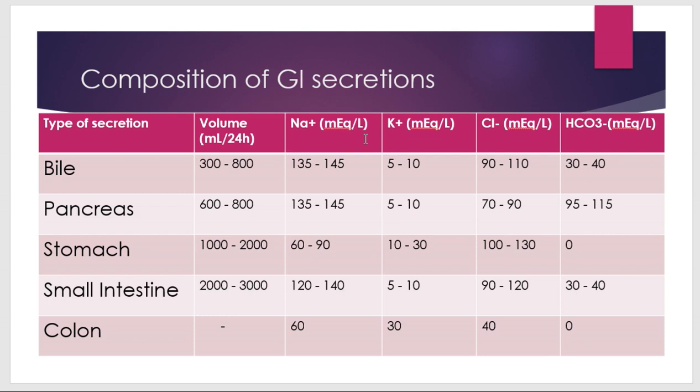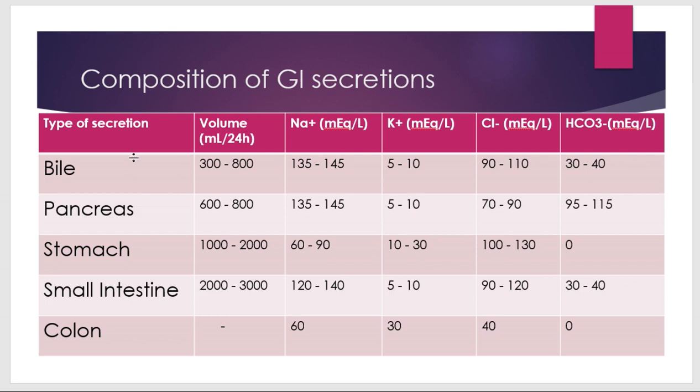For ions like sodium, potassium, chloride and bicarbonate, the unit is milliequivalents per liter. The third column is related to potassium levels in these secretions, followed by chloride levels in the fourth column, and the fifth column, the bicarbonate level.